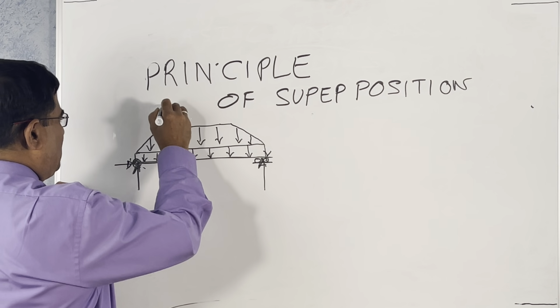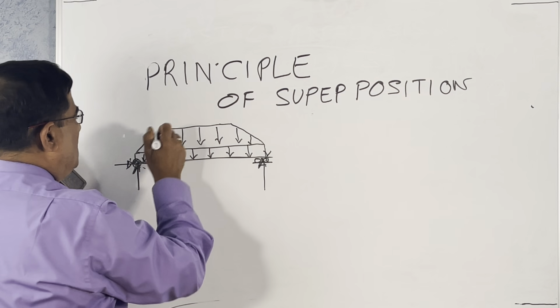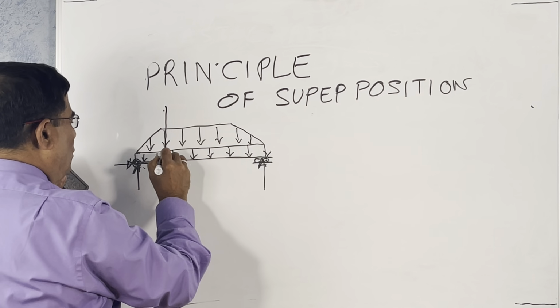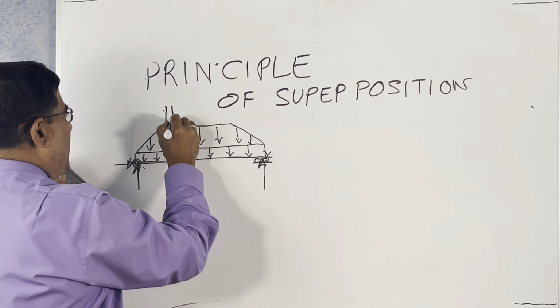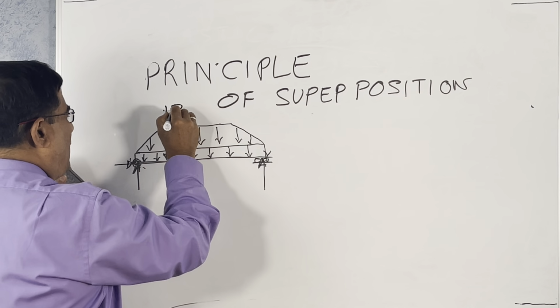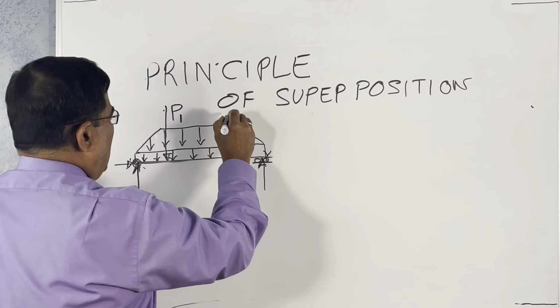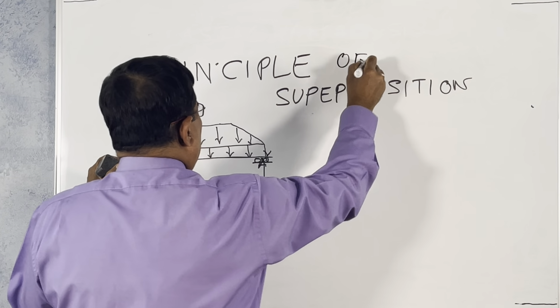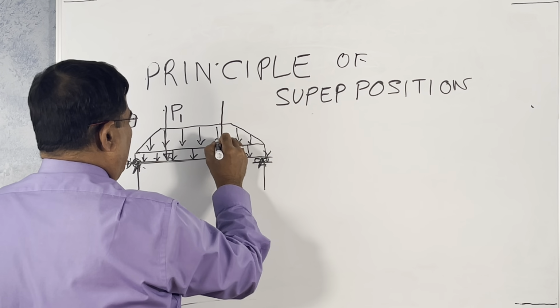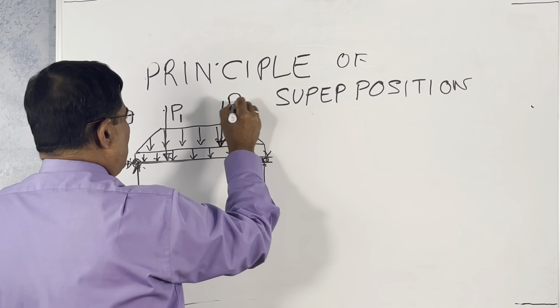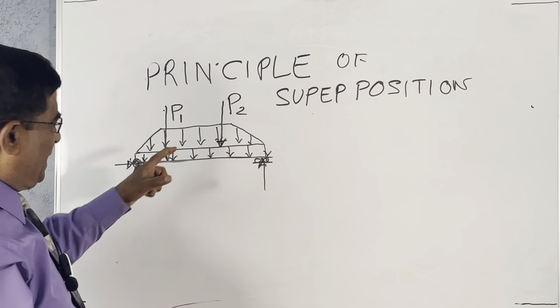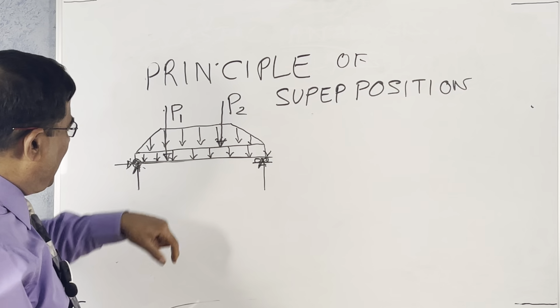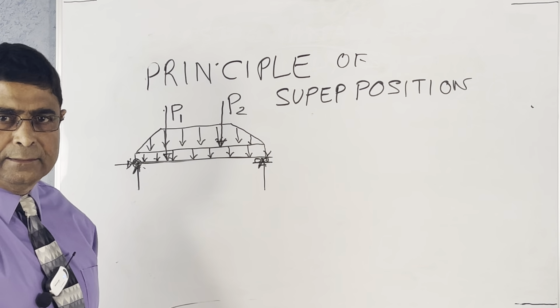And there are some concentrated loads also. Suppose one load is here, P1, and the other one is somewhere here, P2. It's complex, no? You see, 3 or 4 loads are applying.